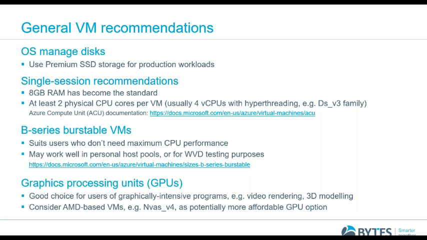Again, this comes down to how the B series burstable VMs work in terms of allocating CPU resources. They're cheap for a reason. So that link over there, or just Google Azure B series and go through the understanding of that and how much of that resources you get and over what period of time you get access to those compute resources.